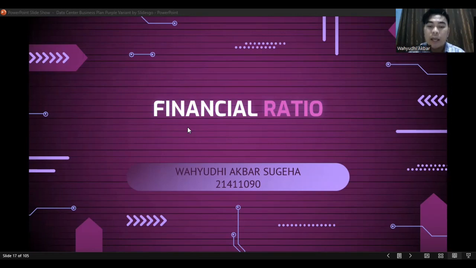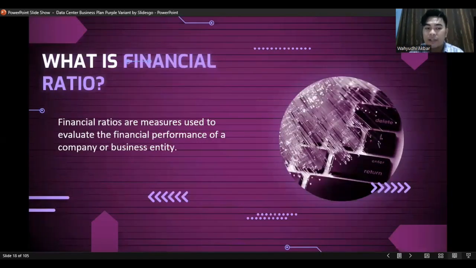The first one I will present is about financial ratio. What is financial ratio? Financial ratios are measures used to evaluate the financial performance of a company or business entity.